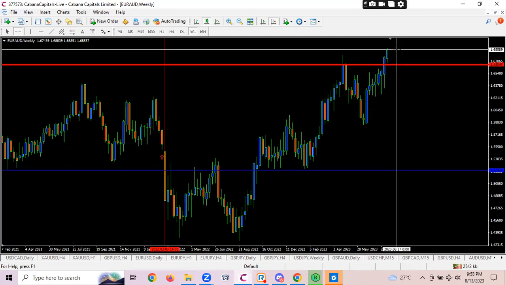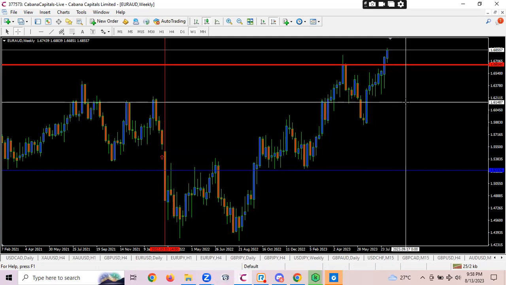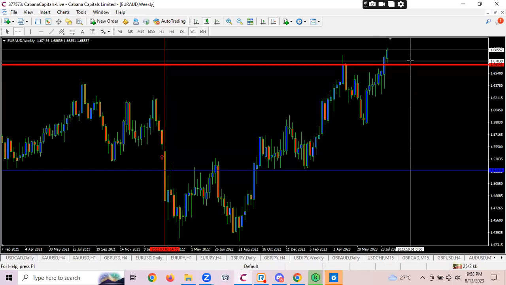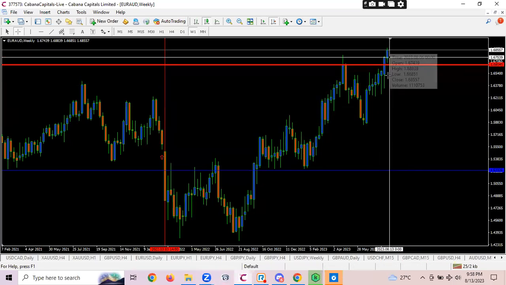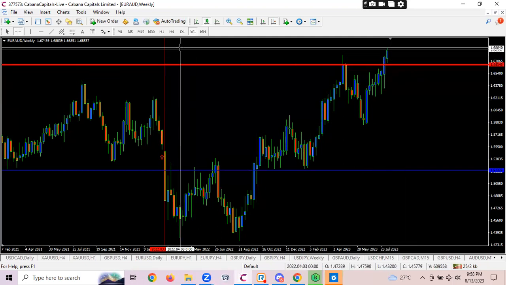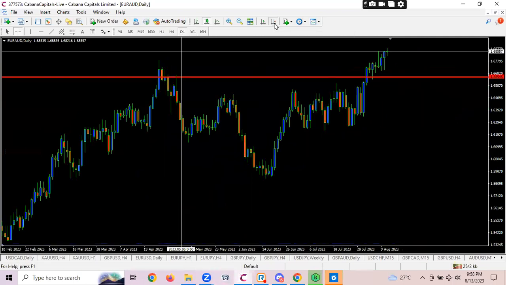Wait for a pullback to Fibonacci level 50 or 61.8 before you consider buying. We should see a pullback on Euro Aussie before you buy. Let's go down to daily. Let's see what we had on daily. Last Friday candle closed as a doji, which indicates change in trend.